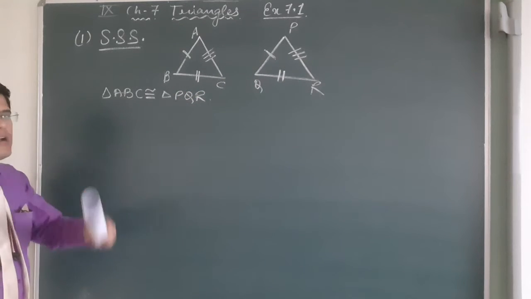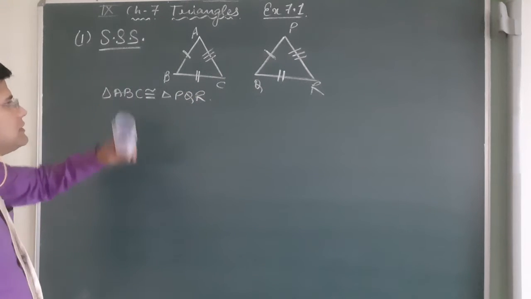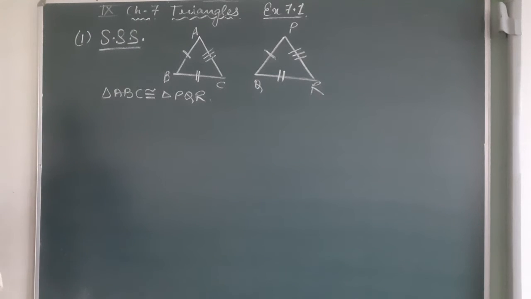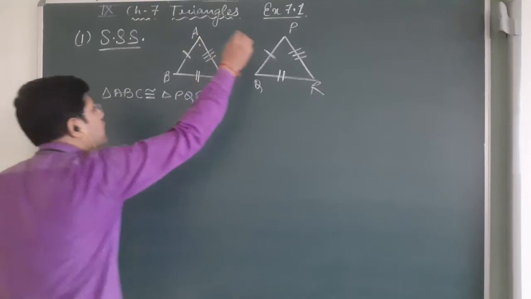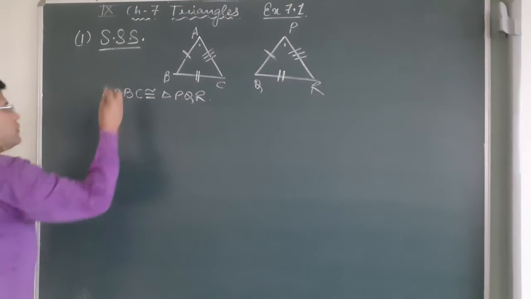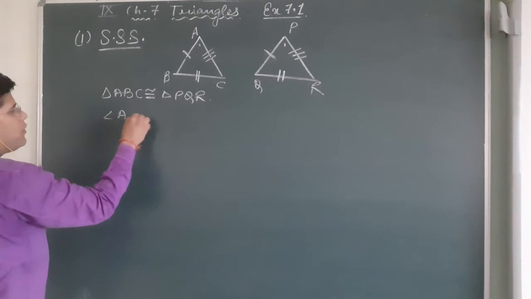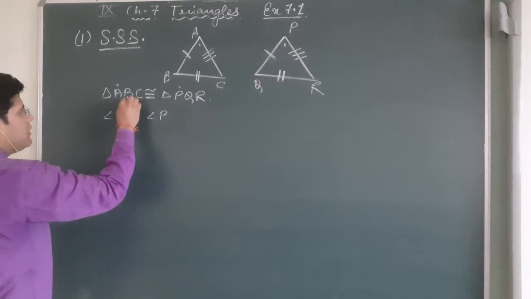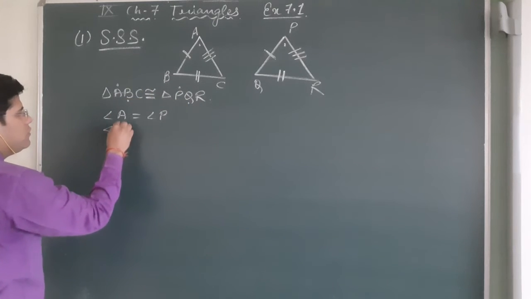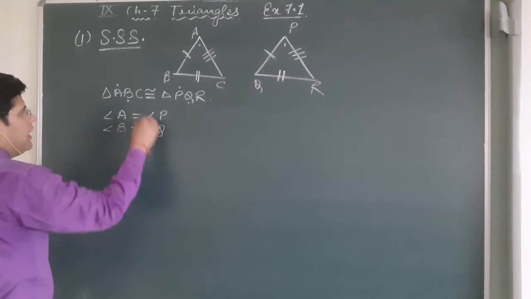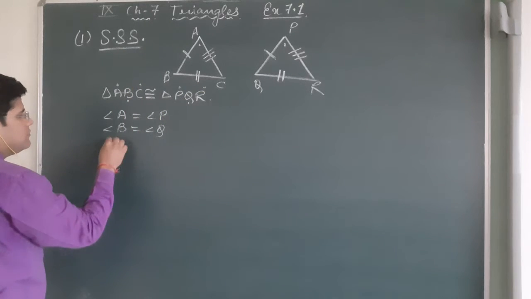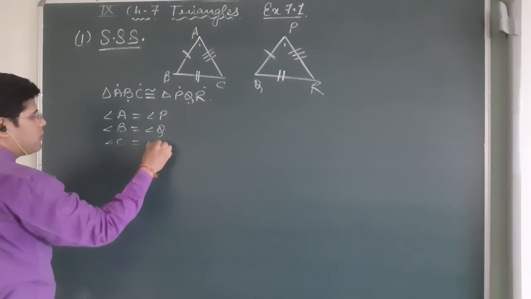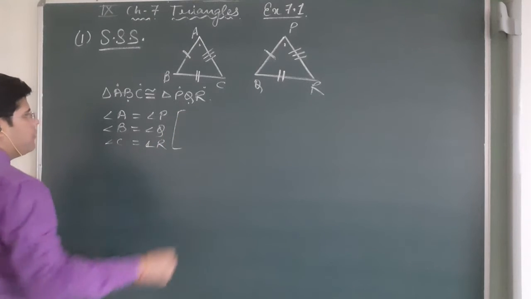Then the triangles are congruent by the SSS congruency rule. But what about the angles? Are they equal? Yes. Angle A equals angle P, angle B equals angle Q, and angle C equals angle R.